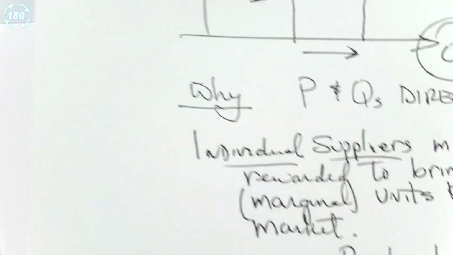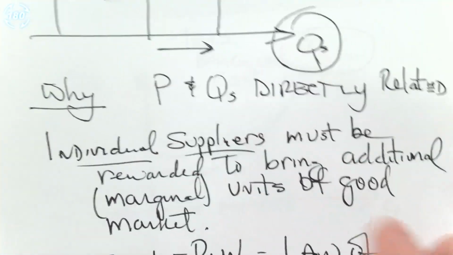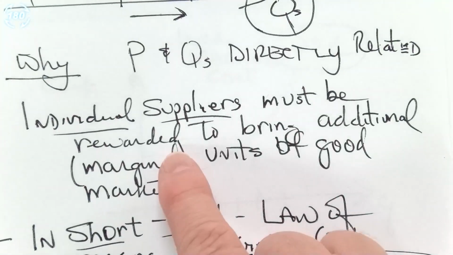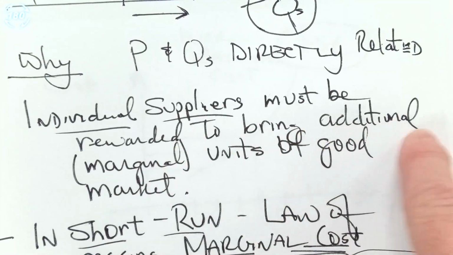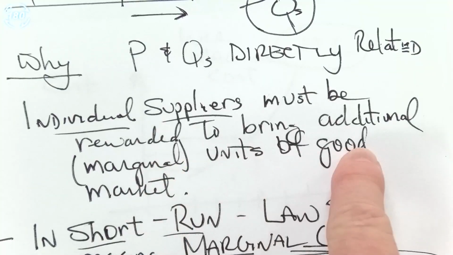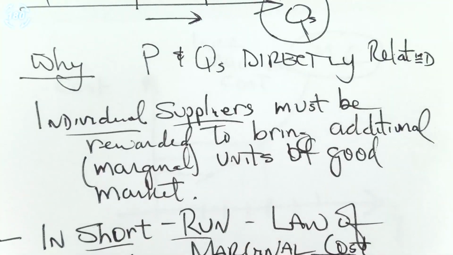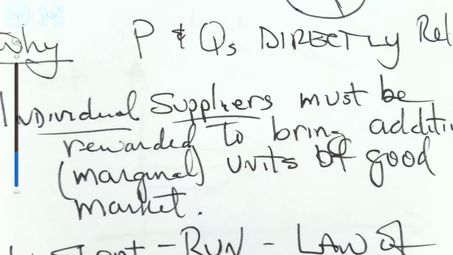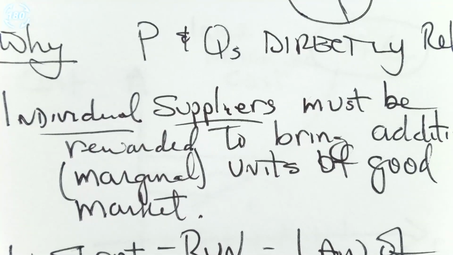Just a moment ago I said individual suppliers must be rewarded to bring additional or marginal units of a good to market. Sorry for my writing there. But individual suppliers have to be rewarded to bring additional units to the market that they haven't brought to the market previously, say on a weekly basis or what have you.